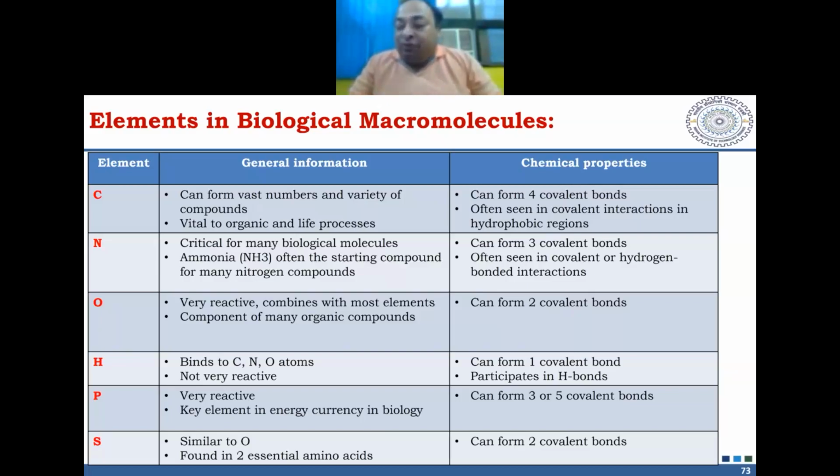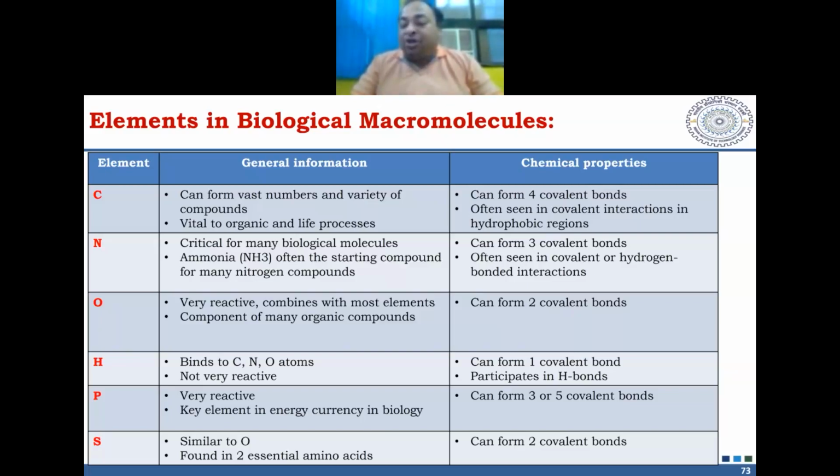Non-covalent. Oxygen is very reactive, combines with most elements, and is a component of many organic compounds. It can form two covalent bonds. Hydrogen binds to carbon, nitrogen, oxygen atoms, is not very reactive, can form one covalent bond, and participates in hydrogen bonds.